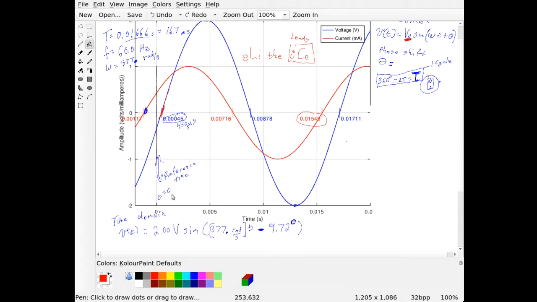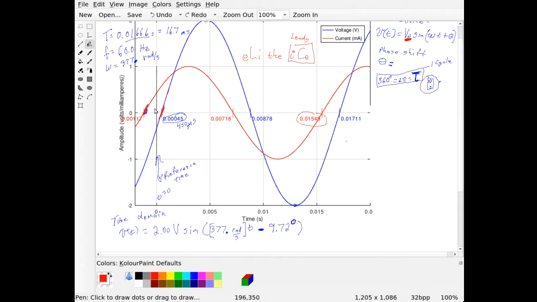In this case, it's actually crossing also before time t equal to 0, but that has nothing to do with Eli the Iceman. The important thing is that the current is crossing 0 before the voltage crosses 0. That is all about Eli the Iceman. It has nothing to do with the reference time frame here.